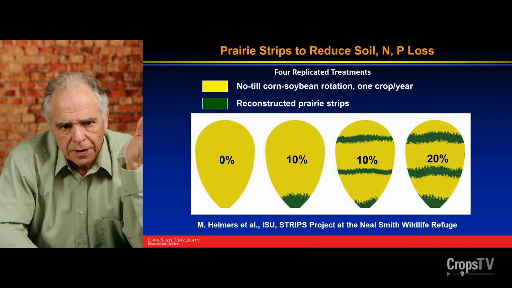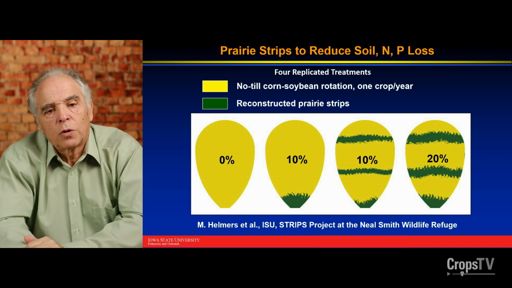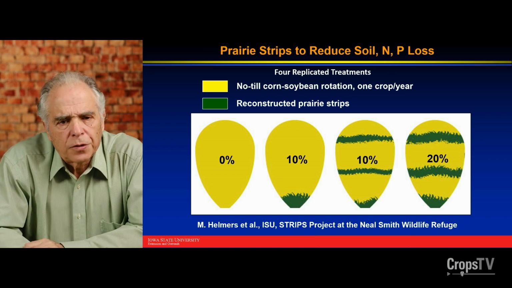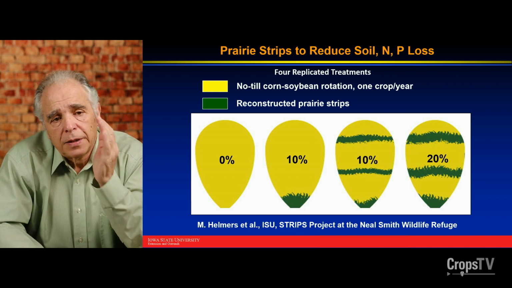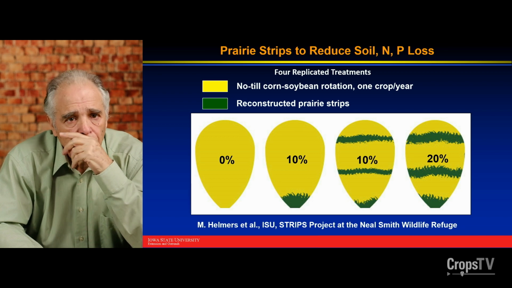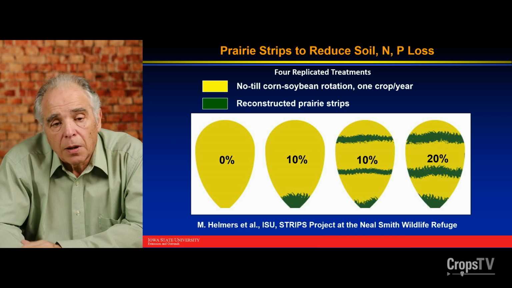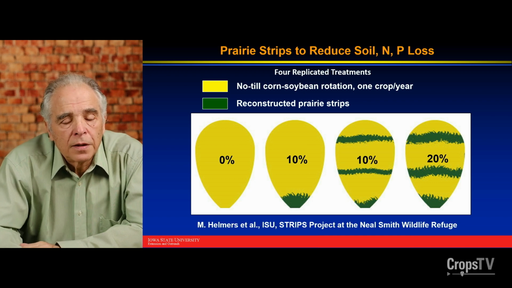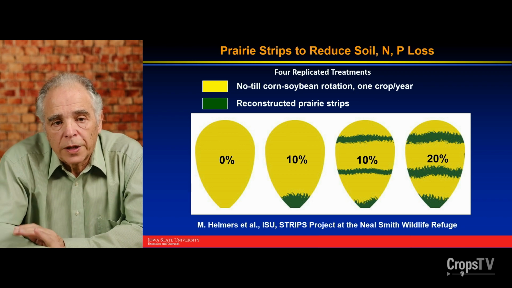It was a field study with plots that are actually watersheds from about 1 to 3 acres in size. And the treatments were 0% buffer, okay? And this was no-till corn soybean rotation, okay? 10% of the area, but in the bottom of the slope, then 10% with buffers or 20%.